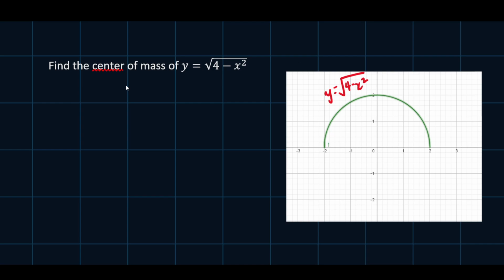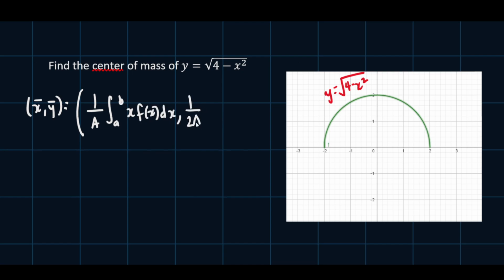To get the center of mass of this plane region, x bar, y bar, we can use our simplified formula: 1 over a, definite integral from a to b of x f of x dx, and 1 over 2a, definite integral from a to b of f of x squared dx, where a here is the area of this region.